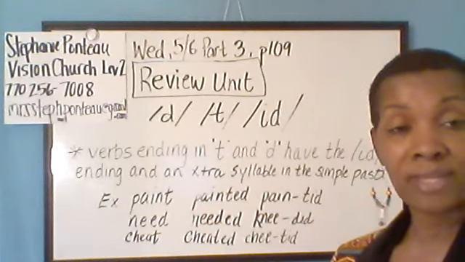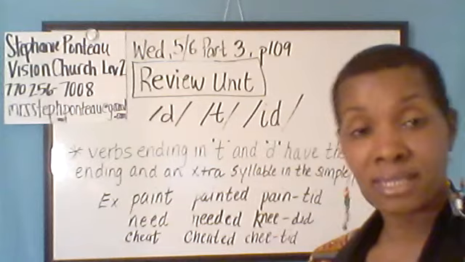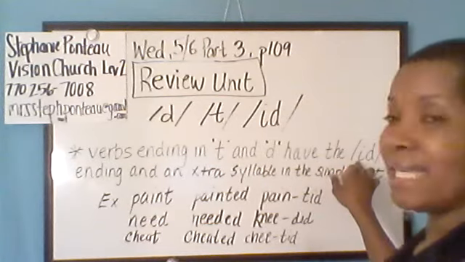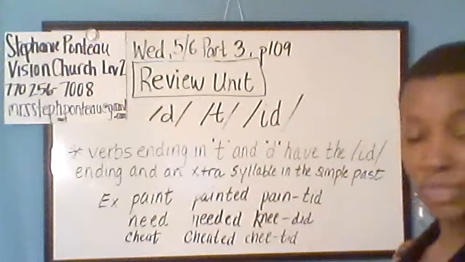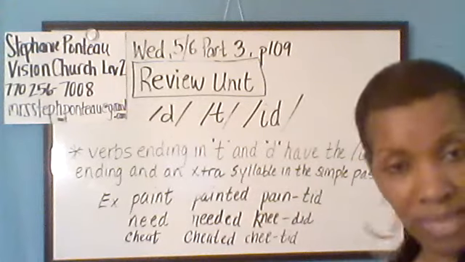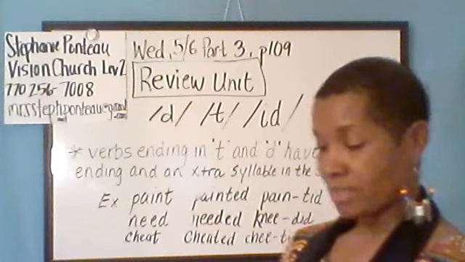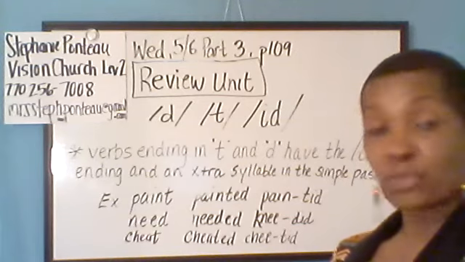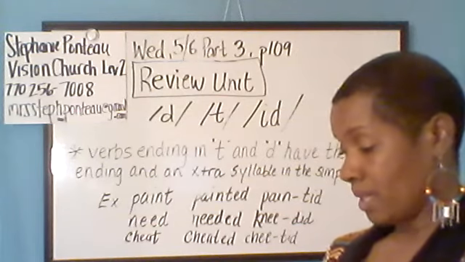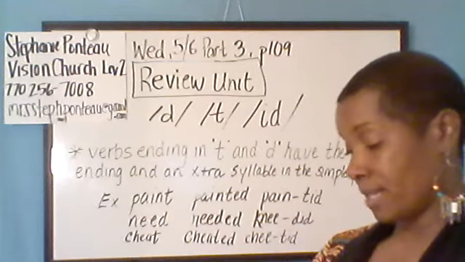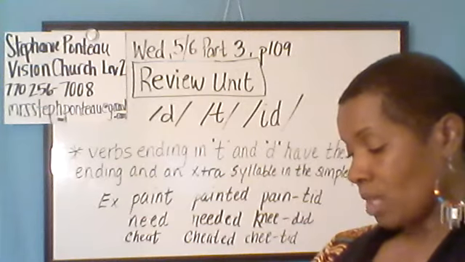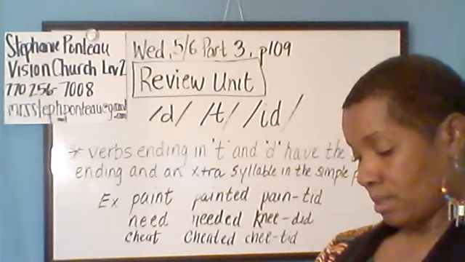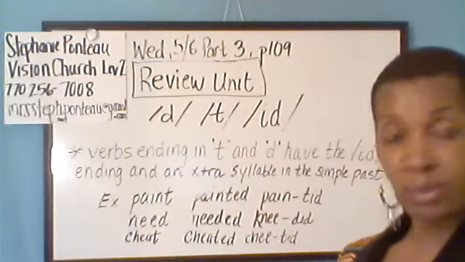Assist and then assisted. Because it ends in T and its simple past is that id sound and then there's an extra syllable. So I hope that makes sense for you. All right, so let's continue on with exercise B. And this is going to be another listening exercise. So I'm going to play it and let you hear it. And then we'll go through those words as well, okay?